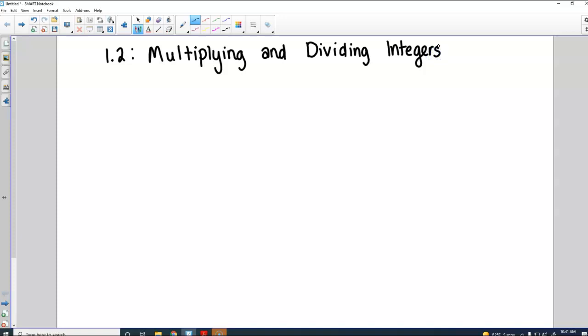And in my opinion, multiplying and dividing is easier than adding and subtracting when you're dealing with negatives because the rules are really straightforward for these. So multiplying and dividing integers, you basically just have two rules.